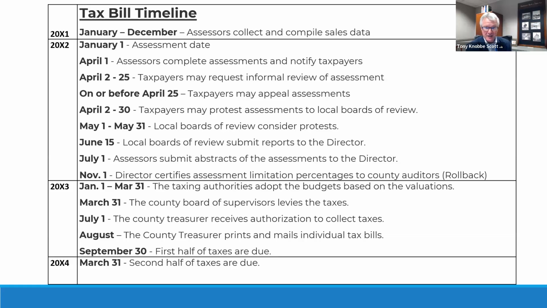If they're outside of that 5% either way range, the state comes back in and does what's called an equalization order. They automatically adjust all properties within that classification to get the assessed value totals back within range. So it's kind of a slap on the wrist for an assessor. So they work very hard to make sure that their assessments are accurate.